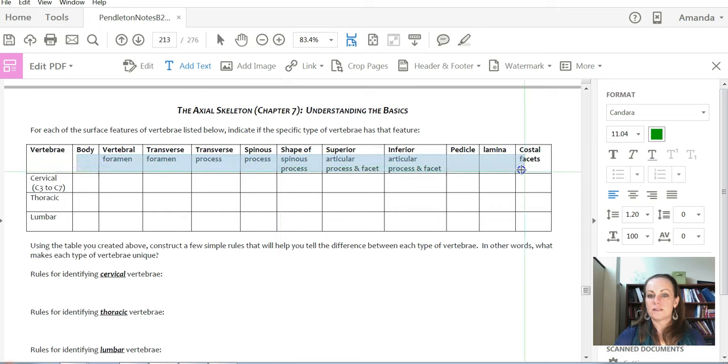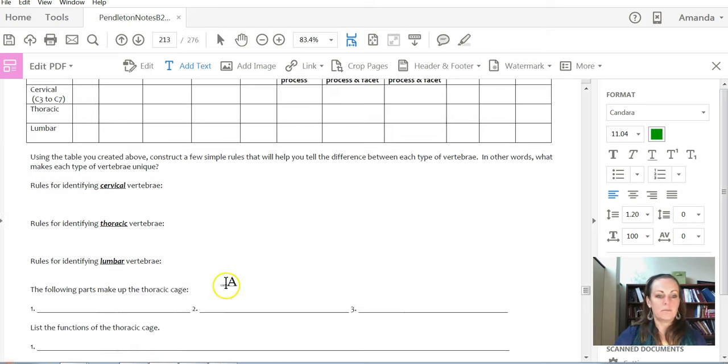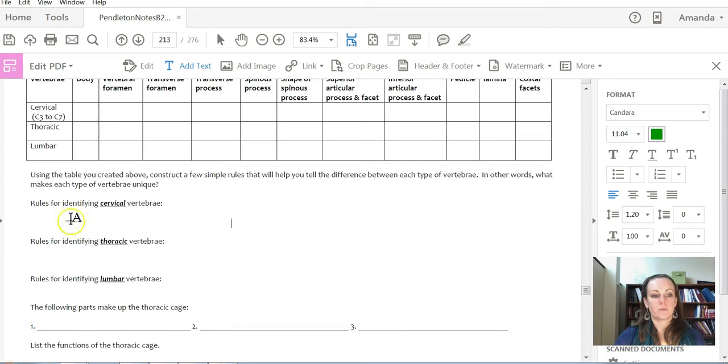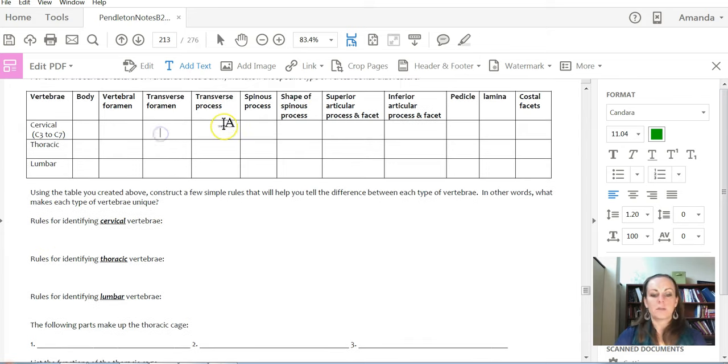What I would suggest that you do is go through the videos, look and see if each of these big things are listed as you go through the videos. They should be in some cases, not in others. And from that come up with some rules for identifying each vertebra. So for example, if you look here at the transverse foramen, you've got it in cervical, but you don't have it in thoracic or lumbar.